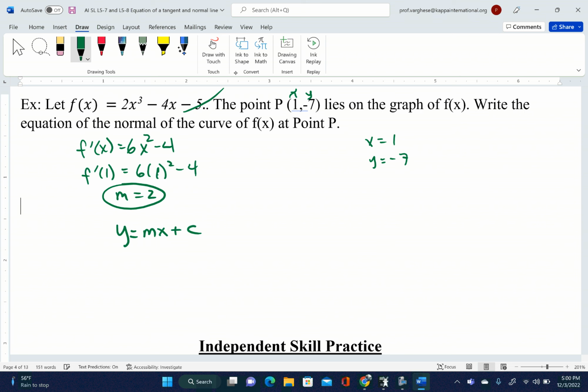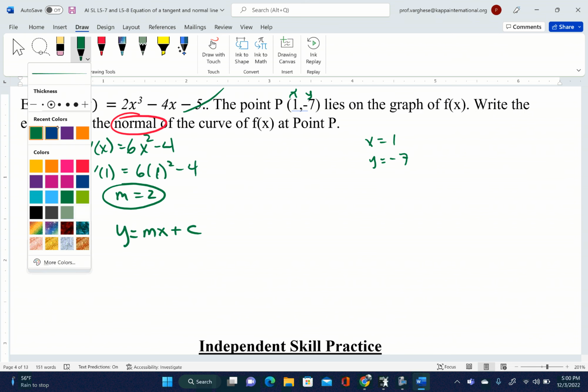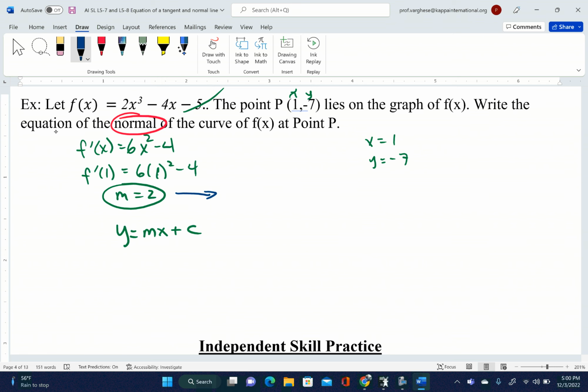Before I can do that, because I'm looking for the equation of the normal, not the tangent line, I'm going to take this number and make it into a negative reciprocal. So the negative reciprocal of 2, let's call this m2, is -1/2. This is what gets plugged into my m.